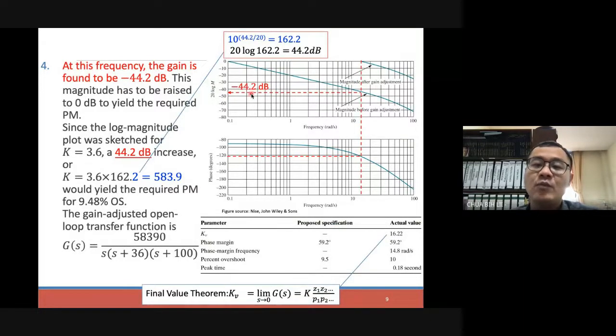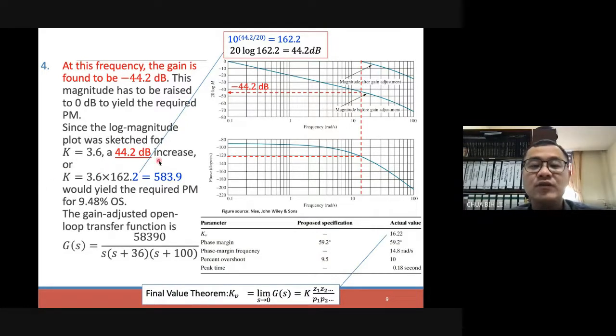It means we have to increase by 44.2 dB so that this point becomes 0 dB. From this information, we can now start to find out what is the proper K.